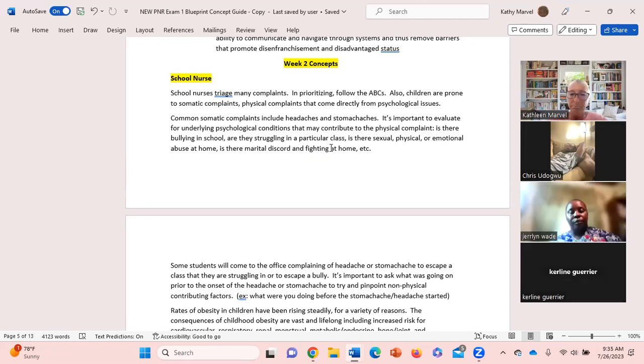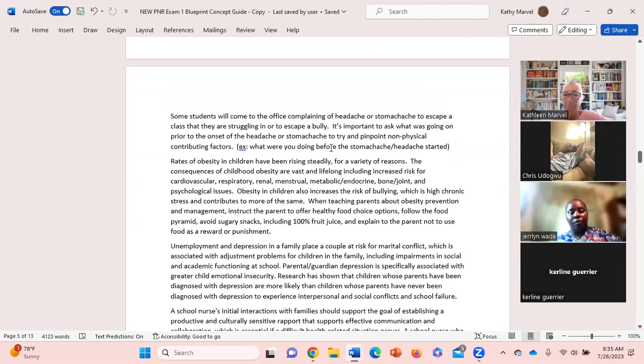If he's being bullied. Bullying, harassment. Some students will come to the office complaining of headache or stomach ache to escape something, right? To escape bullying or harassing or whatever. We need to be able to take it a step further and maybe find out what class they were in, right?